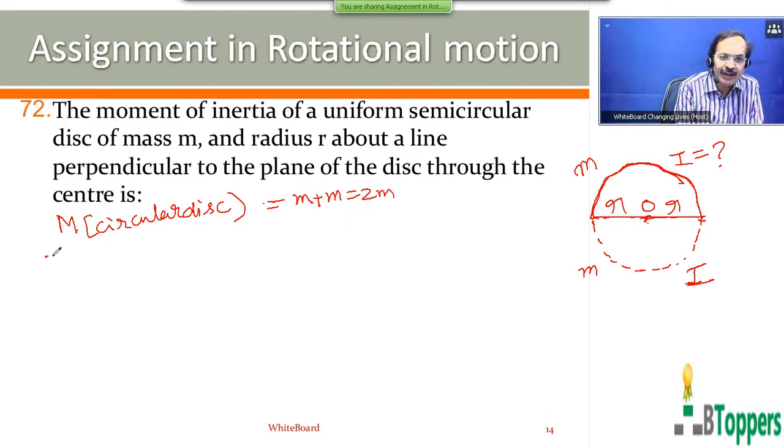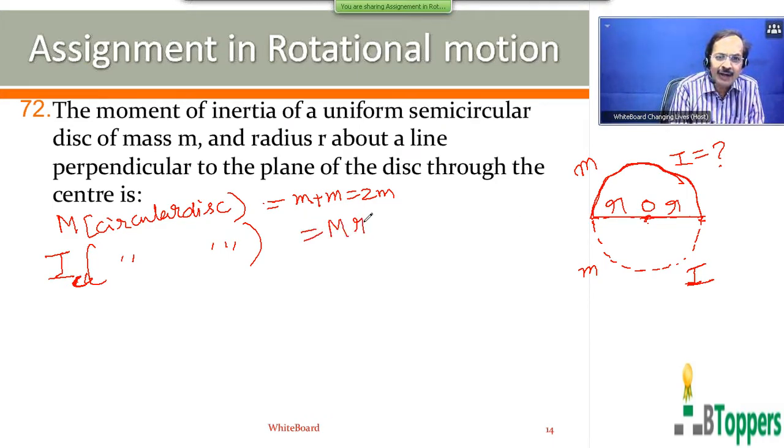So the moment of inertia of the circular disc, denoted by subscript C, about the axis passing through the point O and perpendicular to the plane of the disc can be written as capital M into R square by 2.